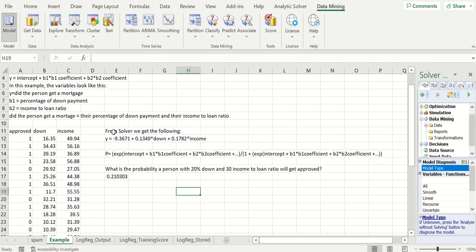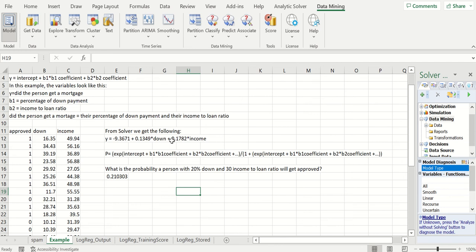Okay, so we're going to go back over to our example. And you can see once again what I just got from Solver: y equals minus 9.367 plus the beta value for the down payment plus the beta value times the income. One thing that we can do once we develop a model like this in logistic regression, very similar to linear regression, is calculate the outcome variable, whether or not someone is going to get a loan based on the equation that we have.